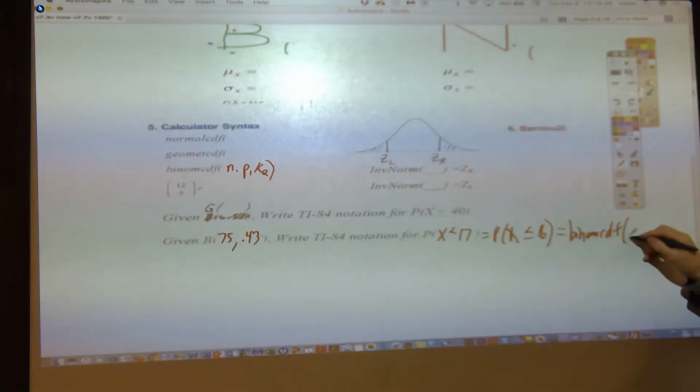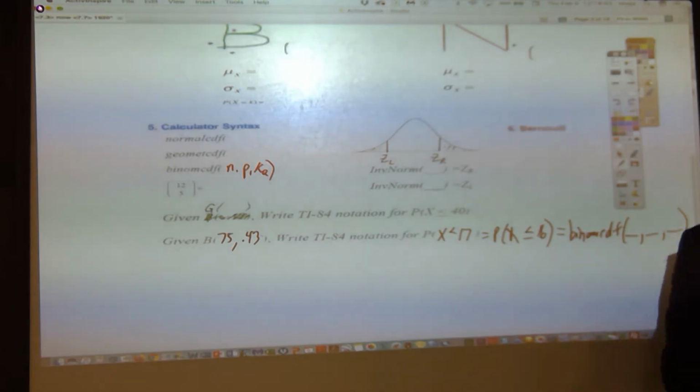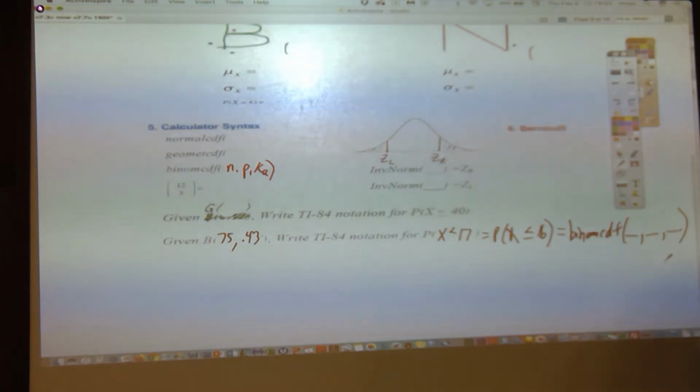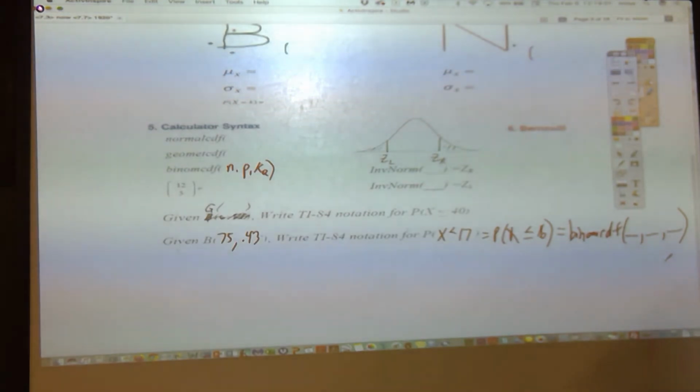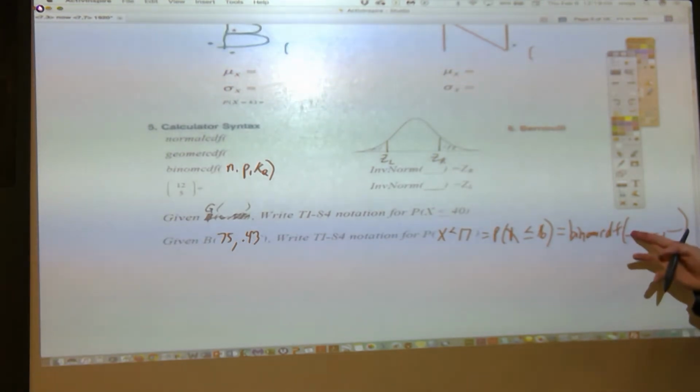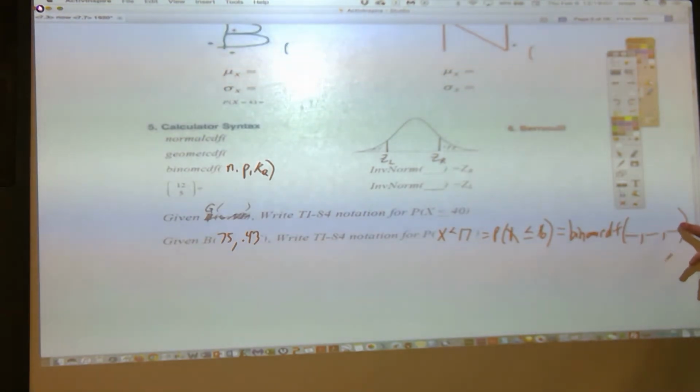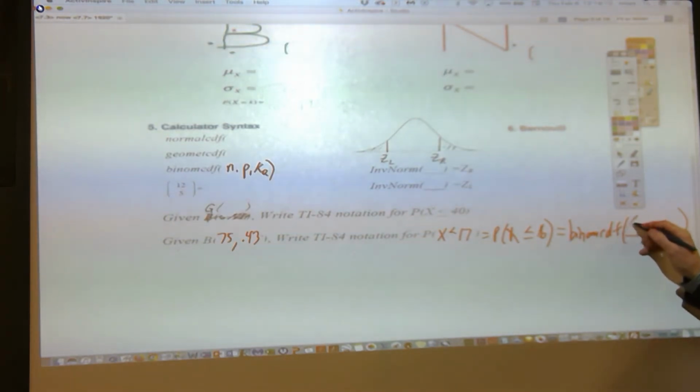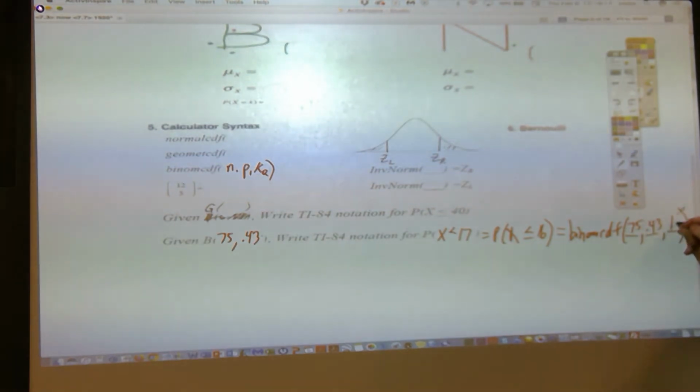Can someone tell me what the triplet would be for x is less than or equal to 16? Just wait for a volunteer. What would the triplet be? See if you know how to use it. Dan, you want to give it a go? I'll give it a shot. 75, 0.43, 16. Yep, that's it.